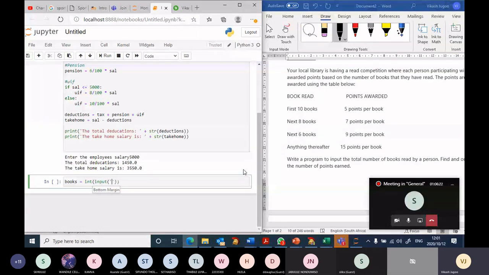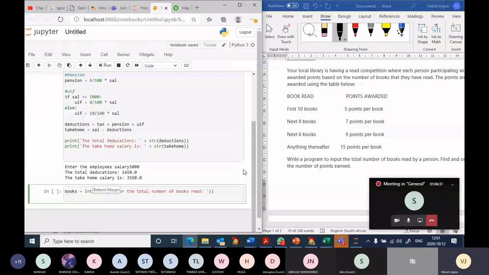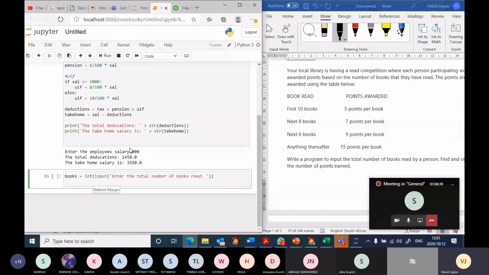Input, enter the total number of books read, and let's put a colon there so it appears much better. Okay, great.